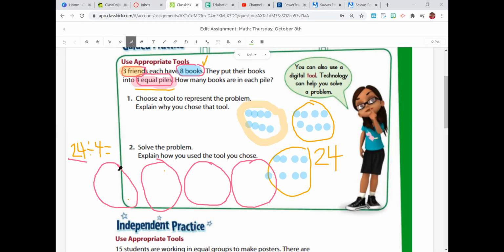So I'm going to share 1 in each until I get to 24. 4, 5, 6, 7, 8, 9, 10, up to 24. I shared all 24. And now it asks how many books are in each pile. So I can look in one pile and there are 6. My answer is 6. Six books.